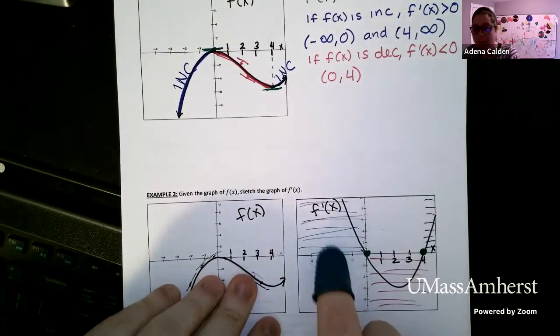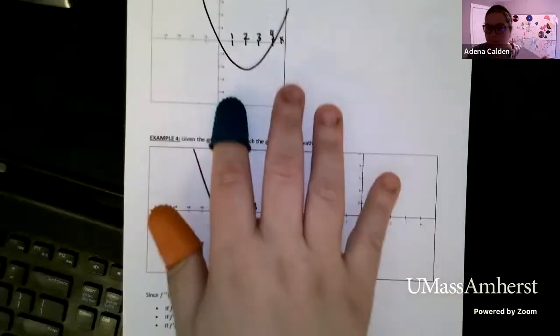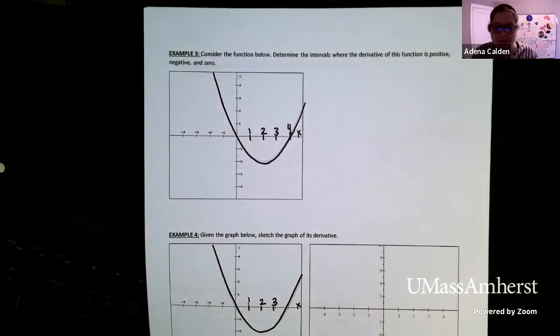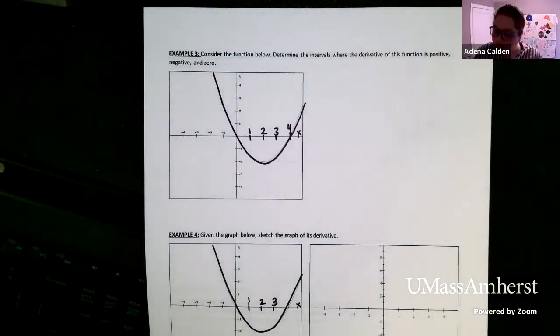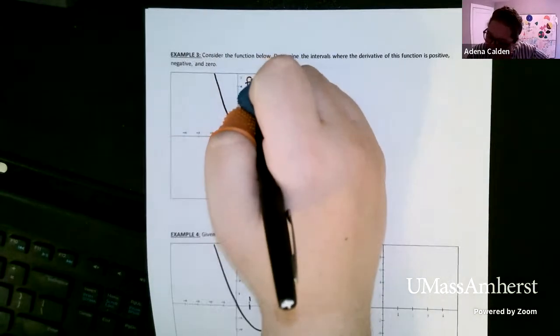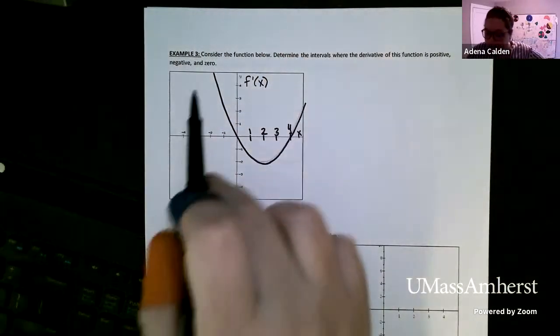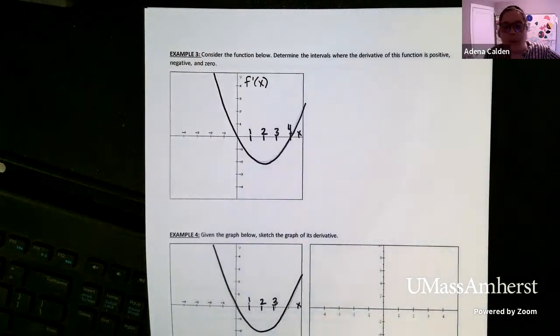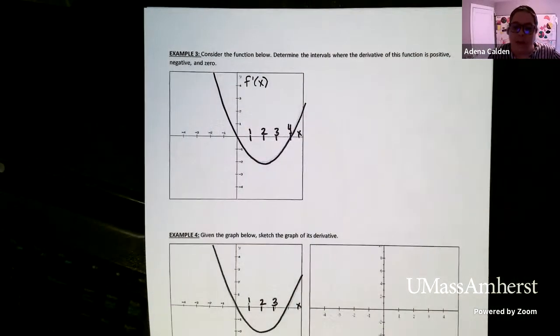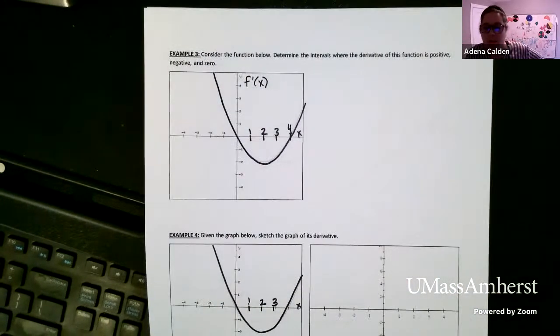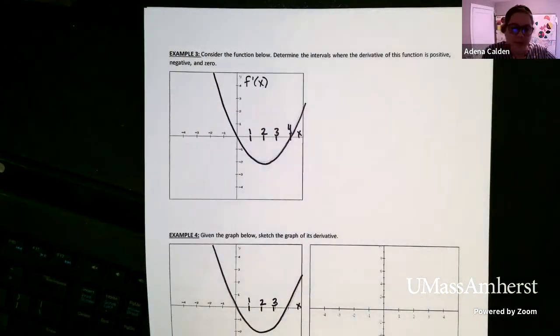So what we're going to do is we're going to take this picture here, recreated, and we're going to do the same thing. So we have the first derivative here. Okay, and this is just a function, right? This is a function on its own, and we want to use this to determine the intervals where the derivative of this function is positive, negative, and 0.